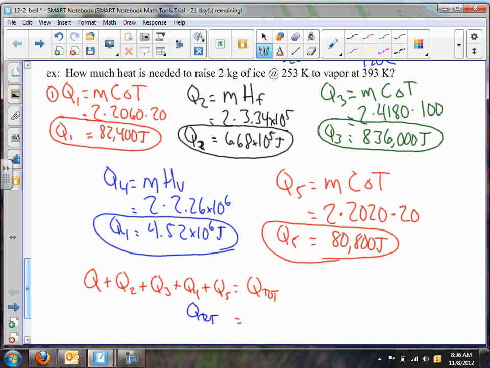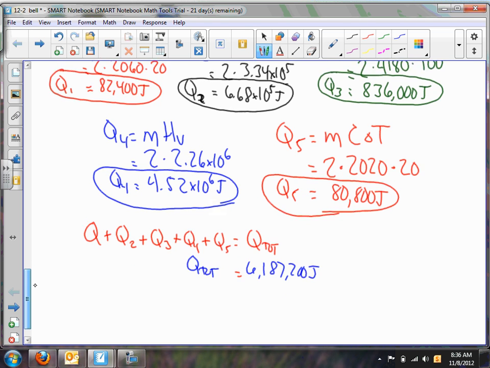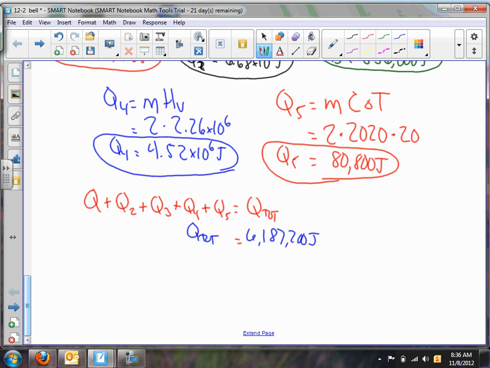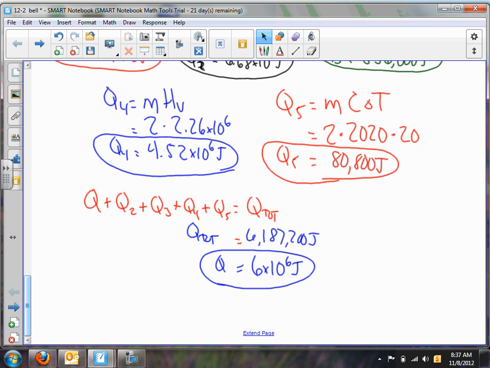Q total, the calculator gives you 6,187,200 joules. And again, if you wanted to round to only one significant digit, that would be 6 times 10 to the 6th joules of heat for this process.